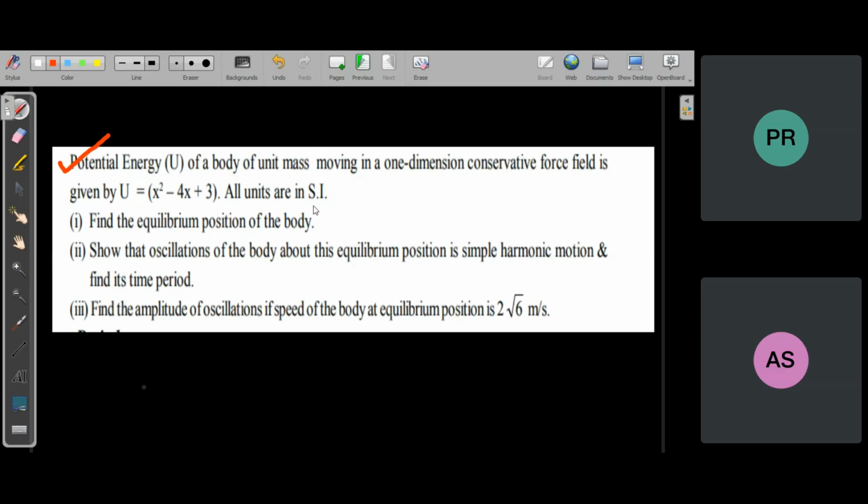Root 2 pi you are saying? Yes, sir. Pi is also inside the root? No, it's outside the root, sir. Okay. So root 2 pi. Yeah, that is correct.